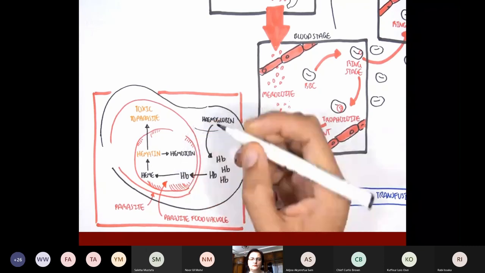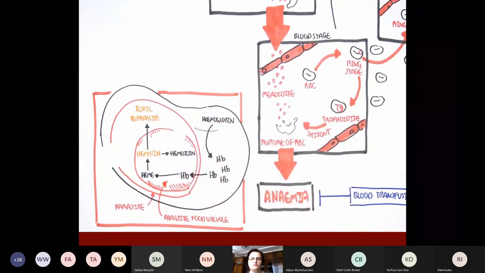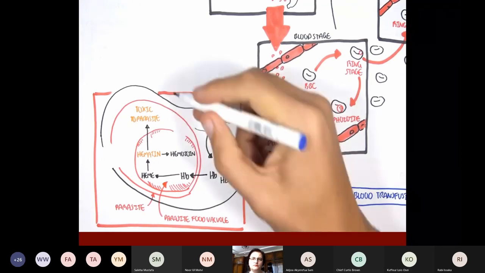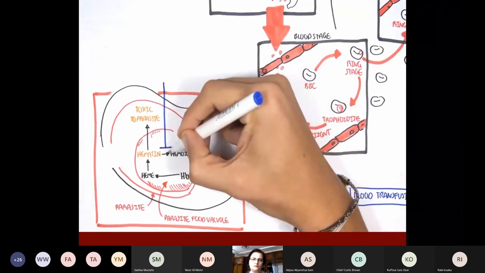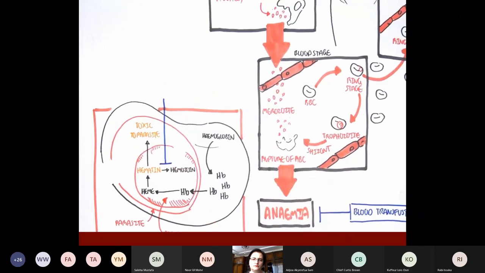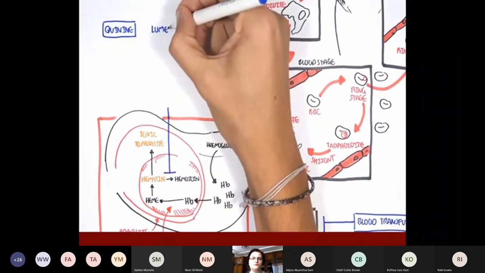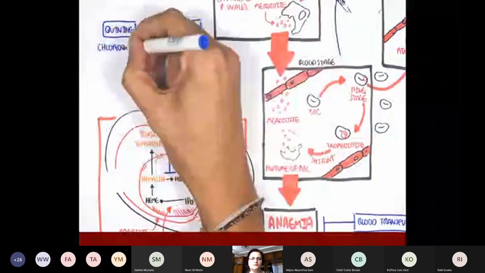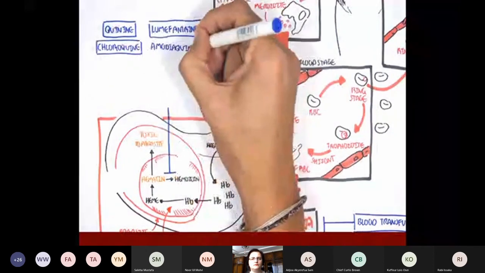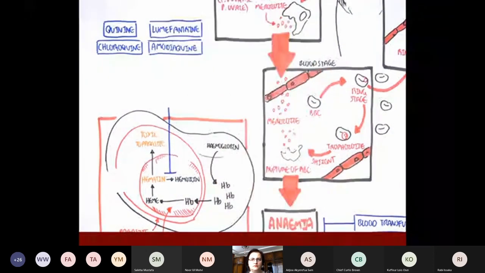So now the drugs under quinolones actually target this conversion from hematin, which is toxic to the parasite, to hemozoin. So these quinolones I'm talking about are quinine, lumefantrine, chloroquine, and amodiaquine.